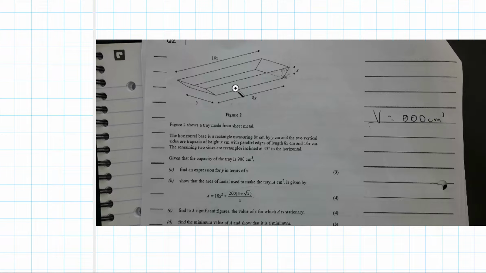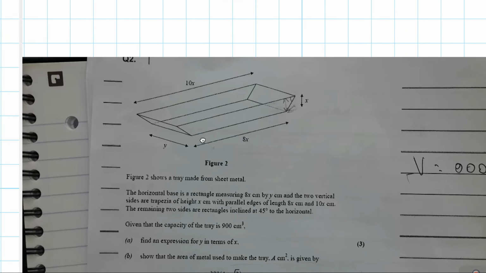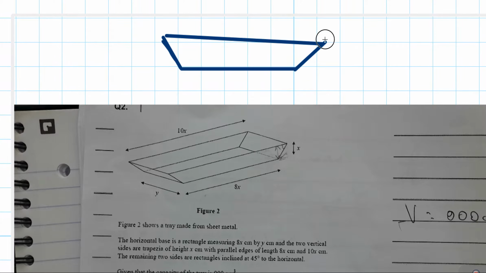So for this one here, we want to find the volume of this shape because that's what we're given. This can be treated like a prism, but this time with a trapezium as the cross-sectional area. So this is an example of the trapezia that we're looking at.